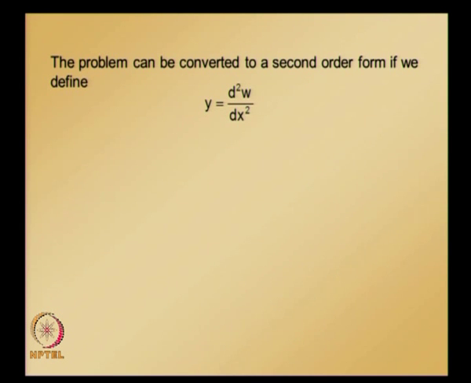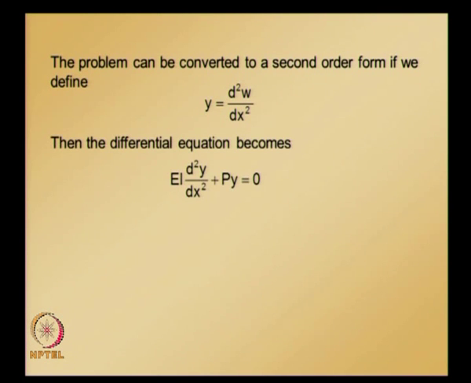Somehow we need to bring this fourth order differential equation into a second order differential equation, so that we can write the element equations for this column buckling problem. Doing this substitution, the given differential equation can be rewritten in this manner, and the boundary conditions also get modified.